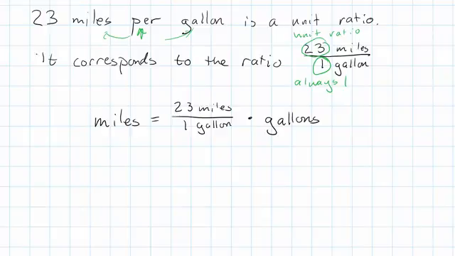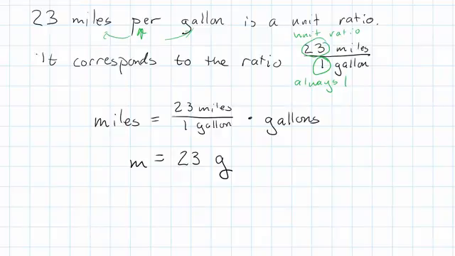So we can think of this as giving us a formula, an equation, that says m, the number of miles, is 23 over 1 times g, the number of gallons. 23 over 1, I'm just going to write it as the number 23. M, the number of miles, equals 23 times the number of gallons.